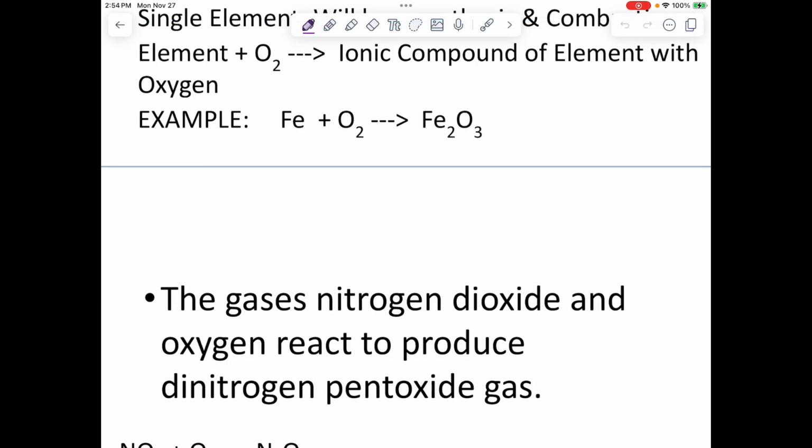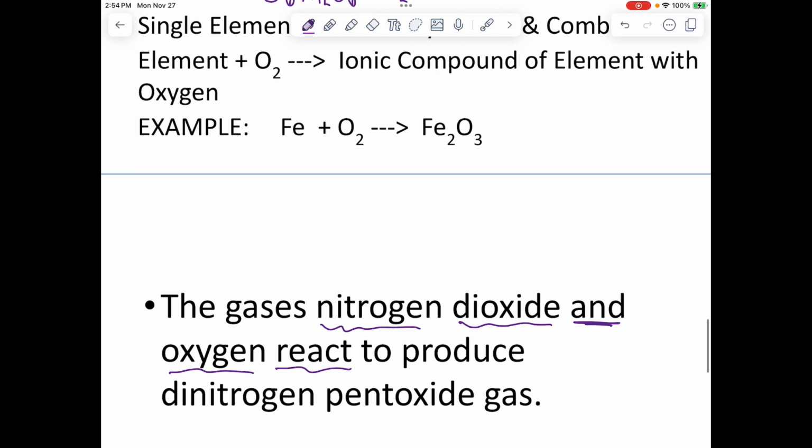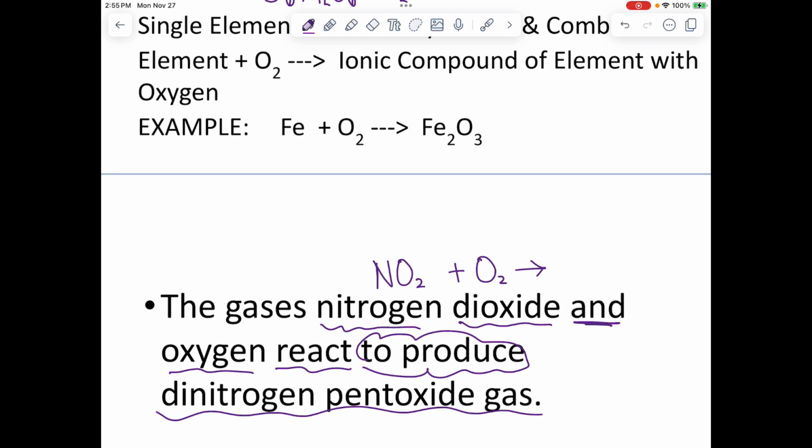So our last one, we've got nitrogen dioxide and oxygen react. So we have to write those formulas correctly. Nitrogen dioxide and oxygen react, and then we get the two produce. So that tells us that we need an arrow. Now, you'll notice we only have one product.